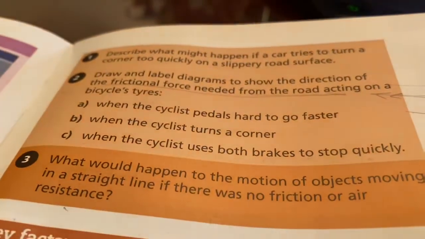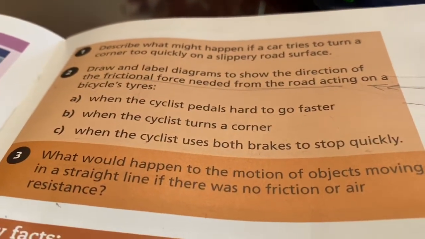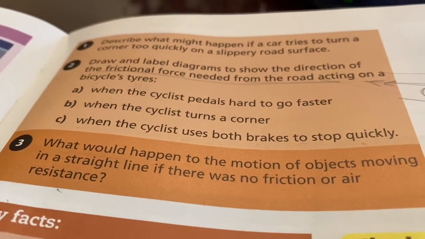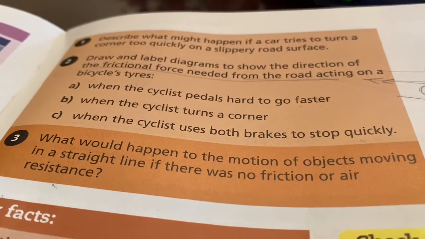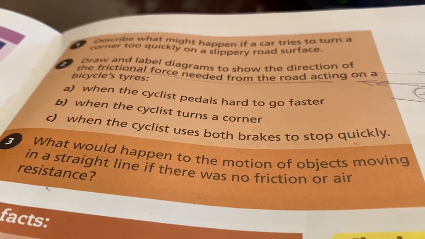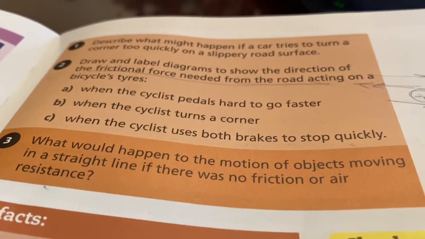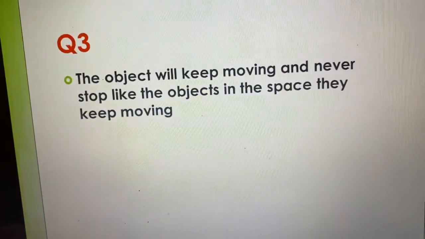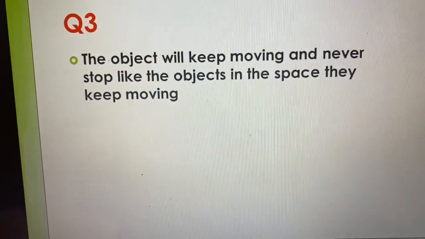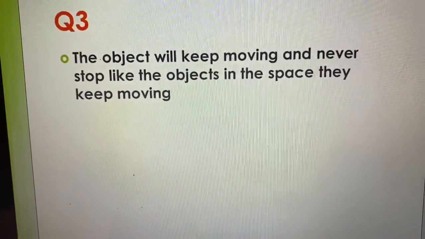Last question, question 3. What would happen to the motion of objects moving in a straight line if there was no friction or air resistance? If there is no friction and air resistance, what do you think will happen? The object will keep moving and never stop.